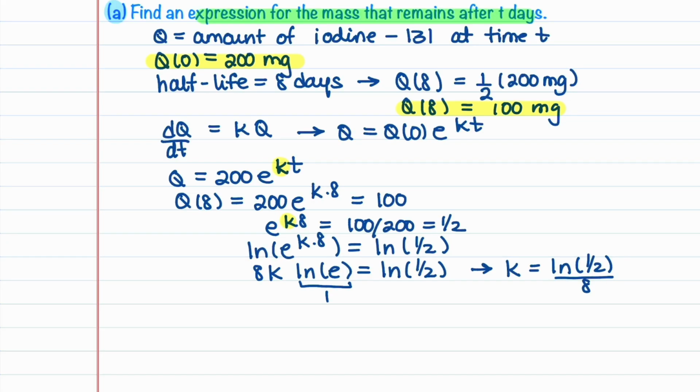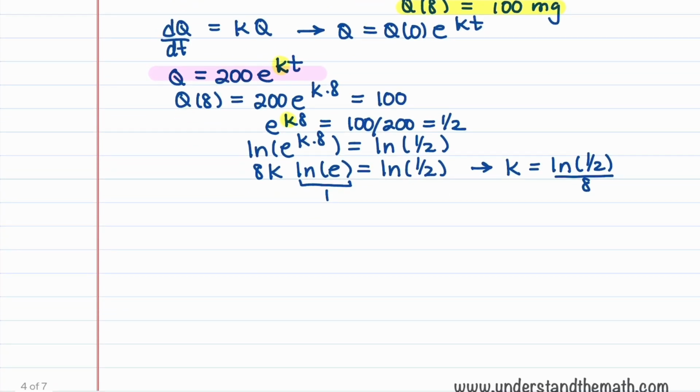Now we're going to go back up to this expression right here, and we're going to substitute in that k is natural log 1/2 over 8. So we have Q of t is 200 times e to the 1/8 times natural log 1/2 times t. Now let's regroup what is in our exponent.